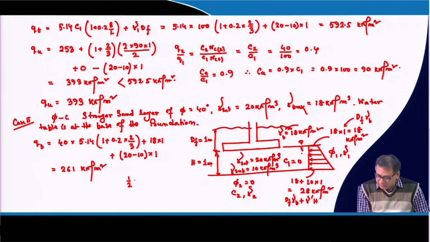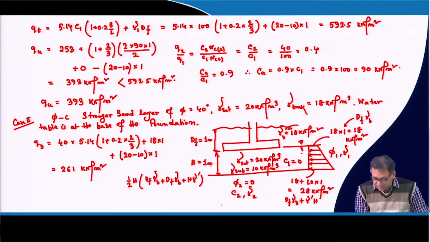So this will be half into H, the thickness, into (a plus b), since this is a trapezoid, where a is Df gamma bulk, and b is Df gamma bulk plus H into gamma sub, where gamma sub equals gamma sat minus gamma w.